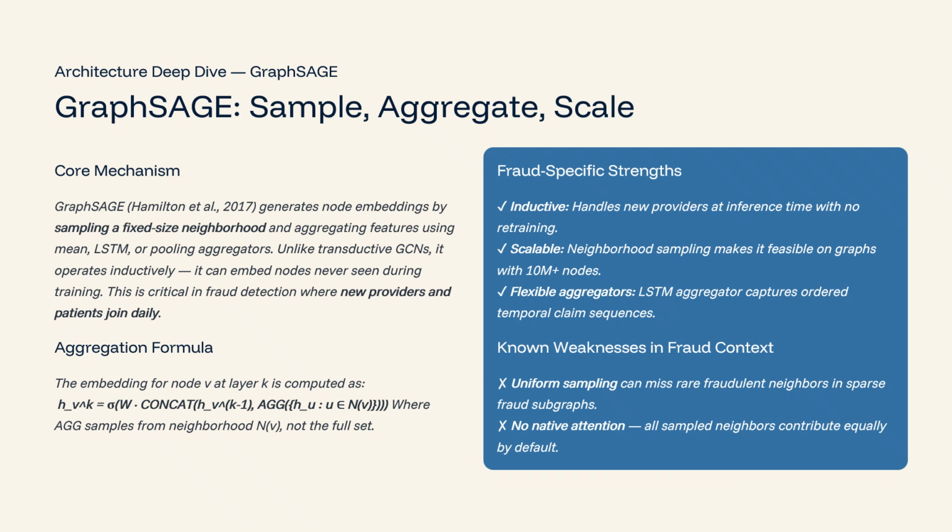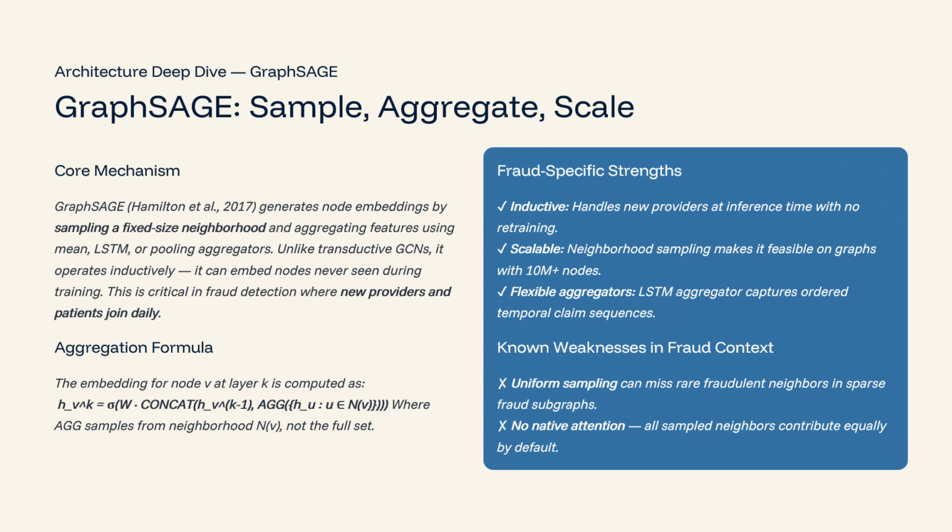Because GraphSAGE is inductive, it can generate embeddings for nodes it has never seen during training. New providers enroll in Medicare every single day. A transductive model, one that only knows nodes from the training graph, is blind to every new provider at inference time. GraphSAGE handles this gracefully, which is a non-negotiable property for any fraud detection system.